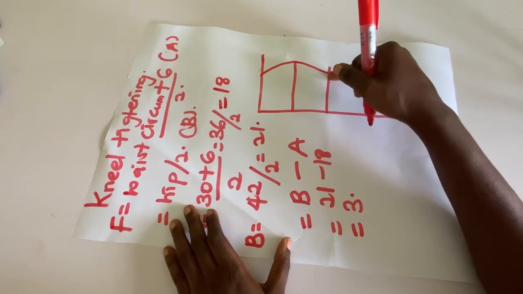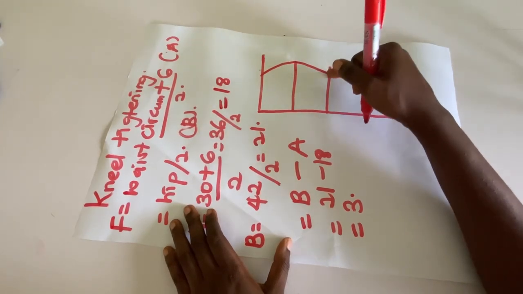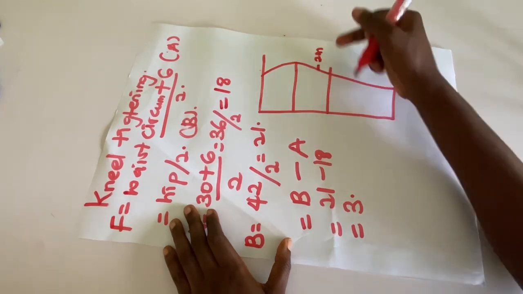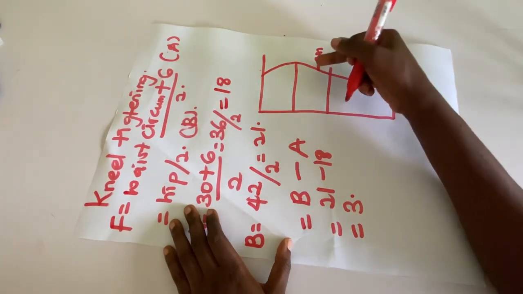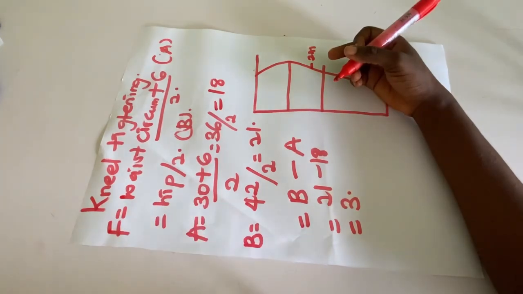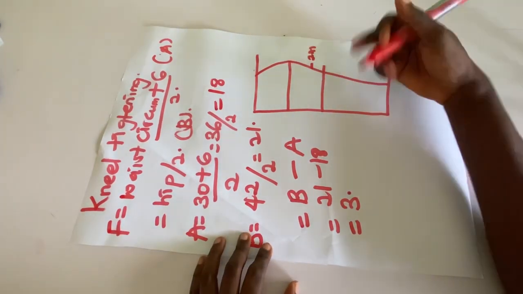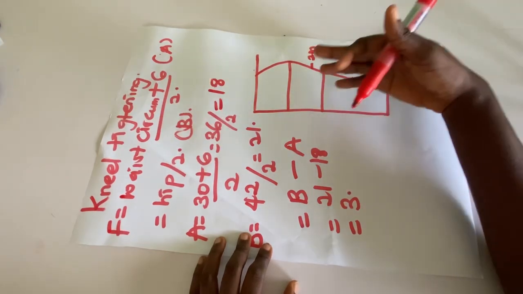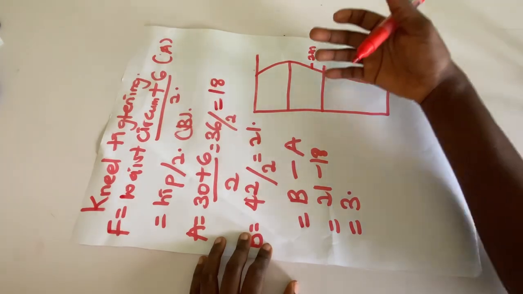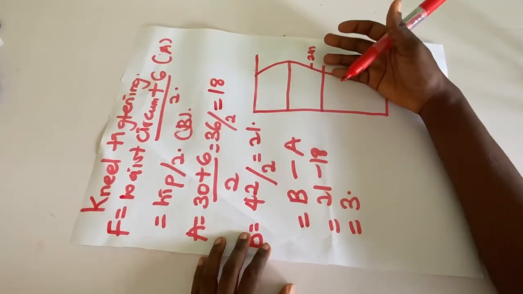So the knee tightening is above your knee. Maybe you measured your knee at 21 inches, then you go up by 3 inches, just to give you a perfect fit around the knee. That's why you are doing this knee tightening, to give you a perfect look for your skirt, your gown, for things that are straight, your straight skirt, your straight gown.